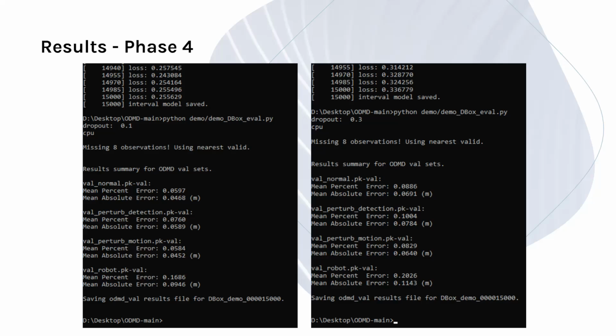As is shown, this was the case for all of the scenarios. On the left is dropout equals 0.1, and on the right is dropout equals 0.3.